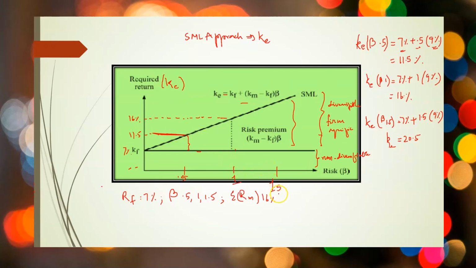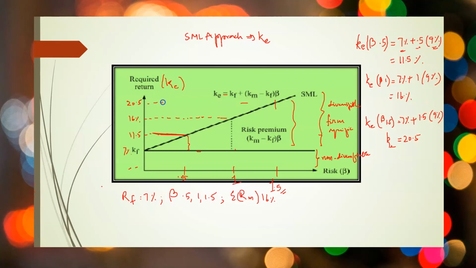Whereas when your risk level is on the higher side, when it is 1.5 times, the cost of equity will be 20.5%. So 13.5% is your risk premium.